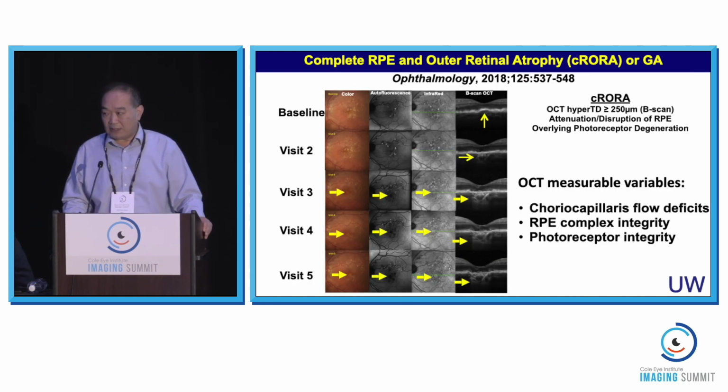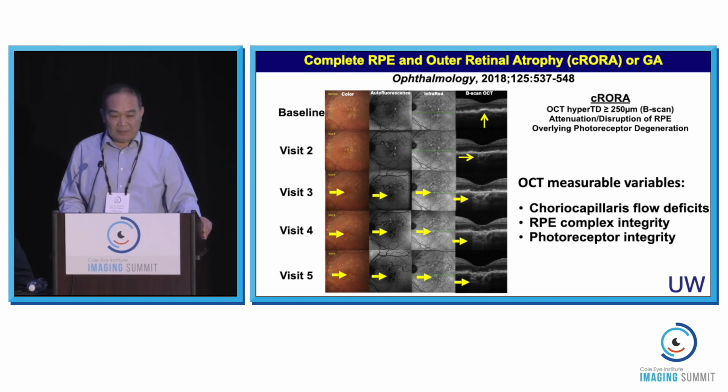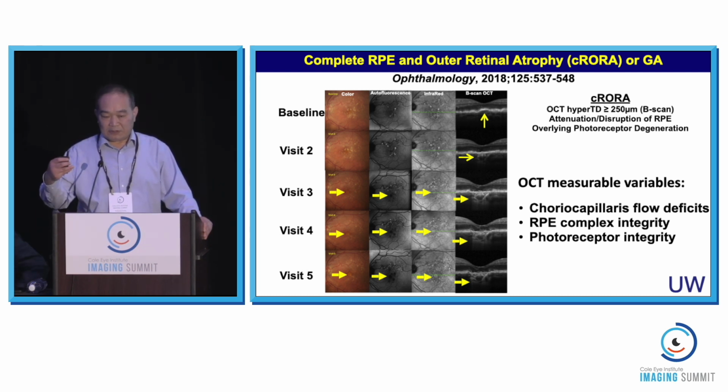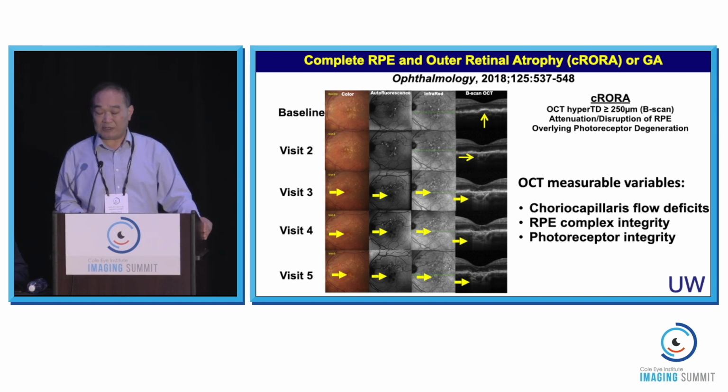And we know that GA or cRORA starts with the drusen and is then followed by degradation or degeneration of the RPE complex and also photoreceptor degeneration. And eventually it makes the OCT signal into the choroid become hypertransmission. And that we call hyperTDs or hypertransmission OCT signals.